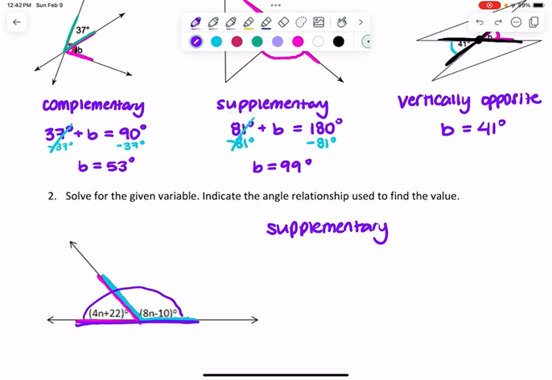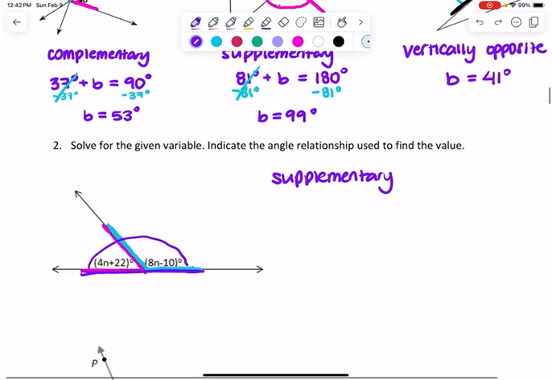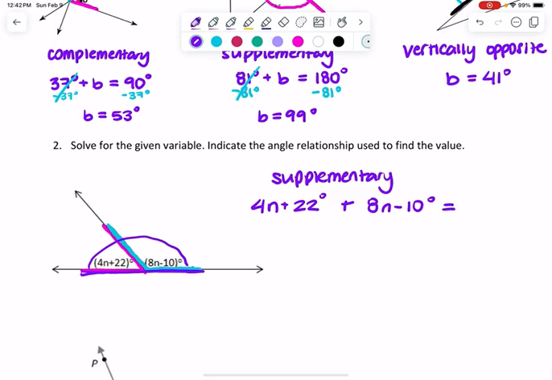I added them together and wrote equals 180. Do the same thing here. 4n plus 22 degrees plus my other angle, 8n minus 10 degrees, is going to add to give me 180 degrees.